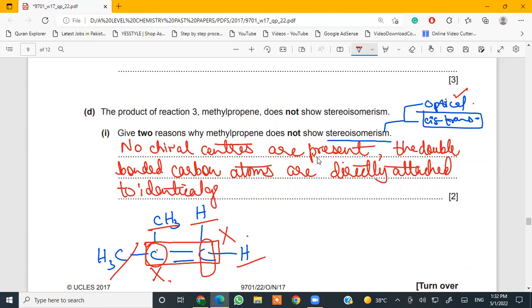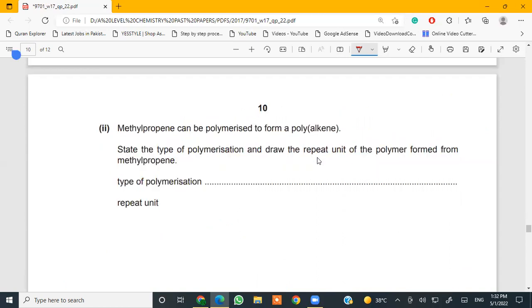That's the second reason. So no cis trans isomerism either. So no optical, no cis trans.